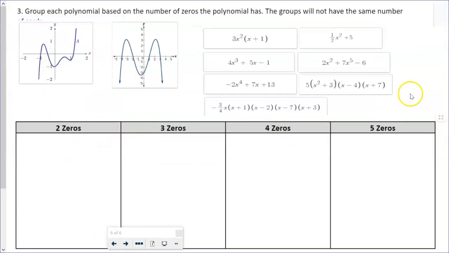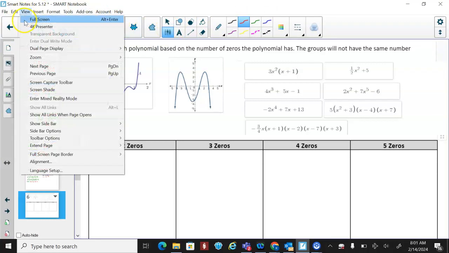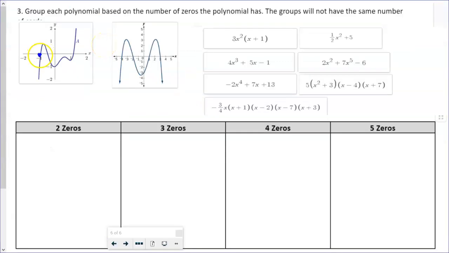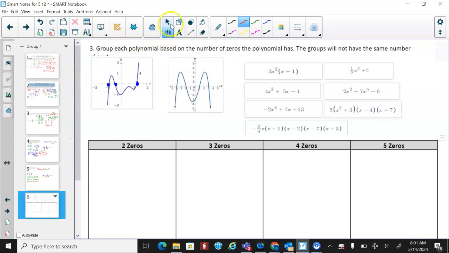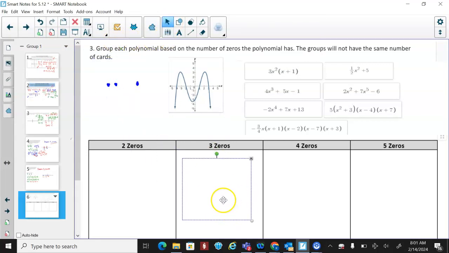From just looking, I would assume that the graph itself is supposed to have 1, 2, 3 zeros. If I would move this graph, I would move this to the column for 3 zeros. Again, that is what the expectation is from what I read.